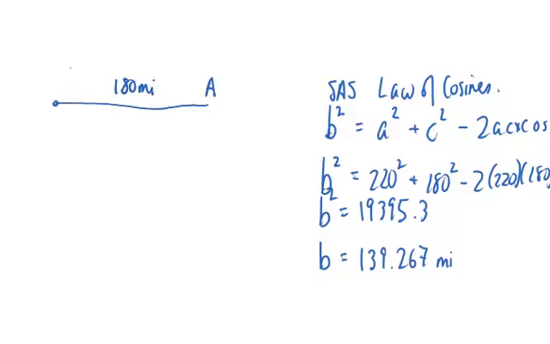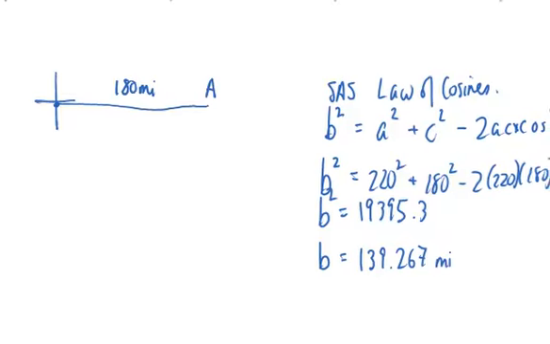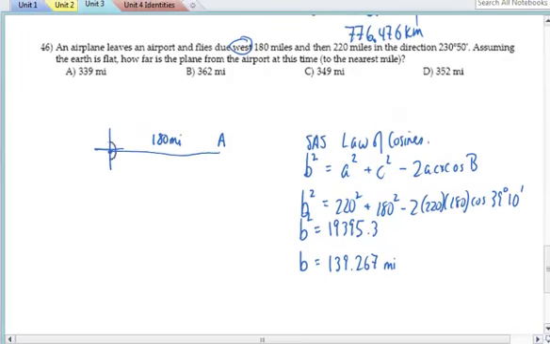We're going to then change our heading, and we're going to go 220 miles. And this heading is still 230 degrees 50 minutes. So that means that this angle here is still 50 degrees 50 minutes.